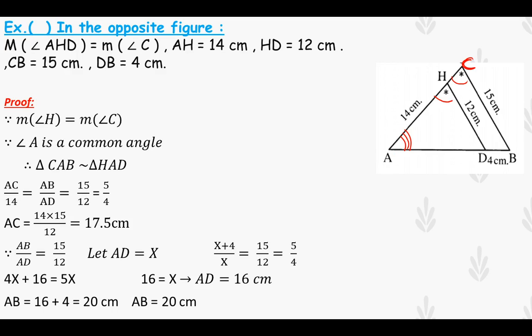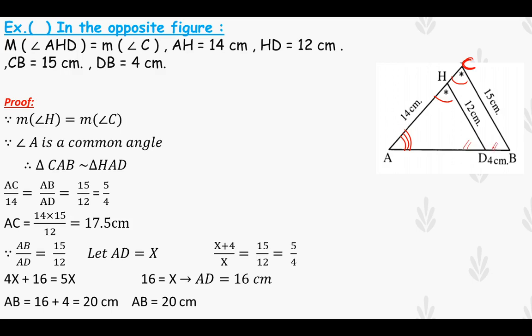So since measure of angle H equals measure of angle C, given angle A is a common angle in the two triangles, therefore let's write the corresponding angles in front of each other. So triangle CAB, angle C corresponds to angle H, angle A corresponds to angle A, the common angle. Therefore the third angle, B, will equal measure of angle D.